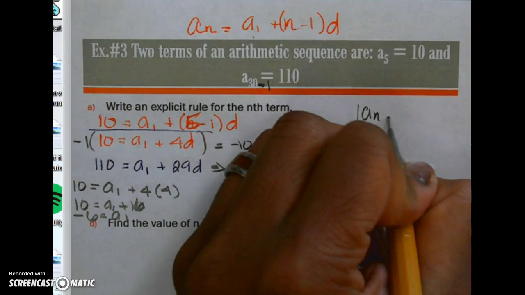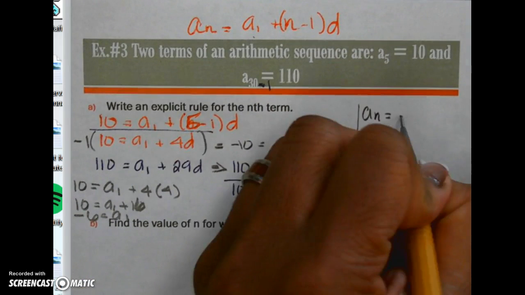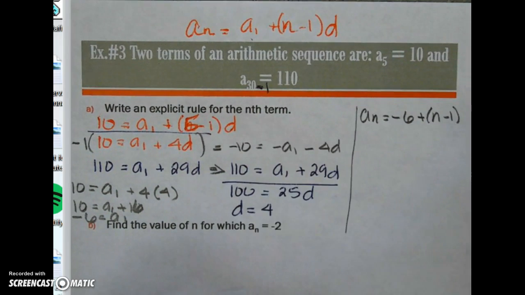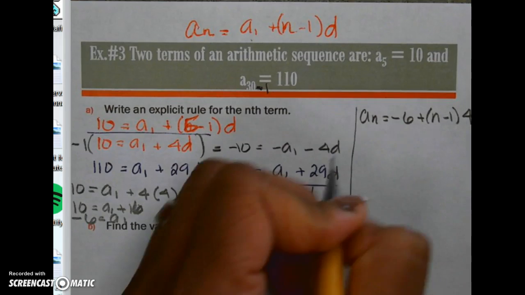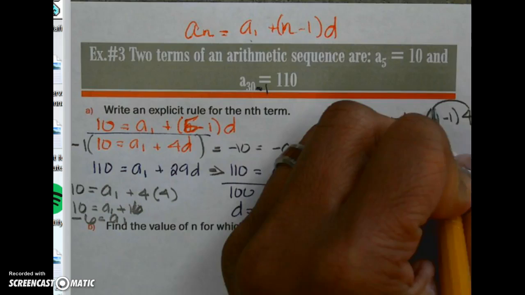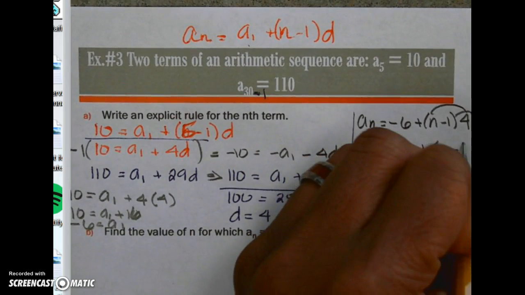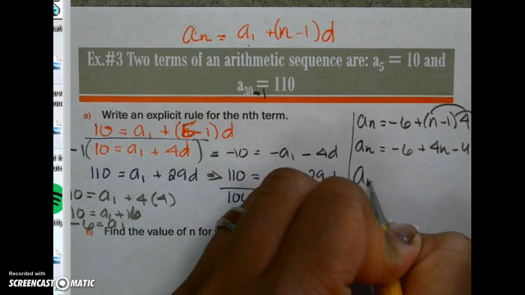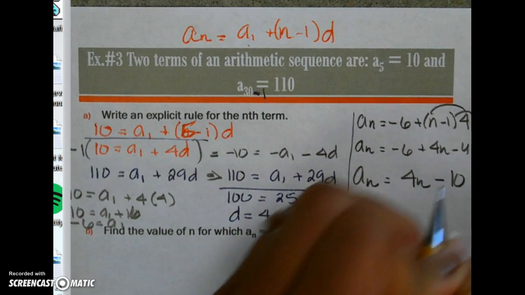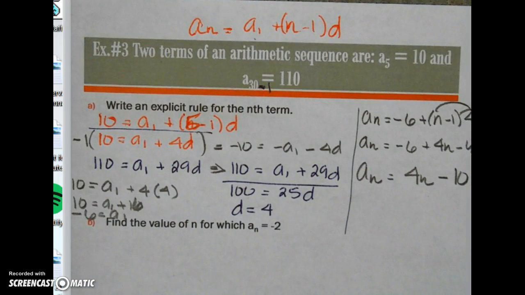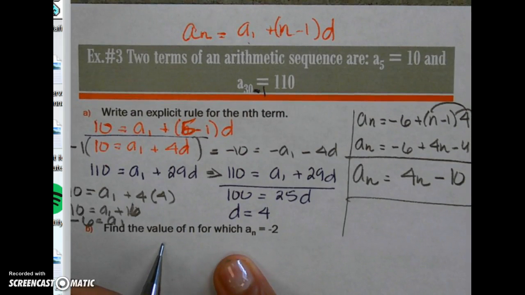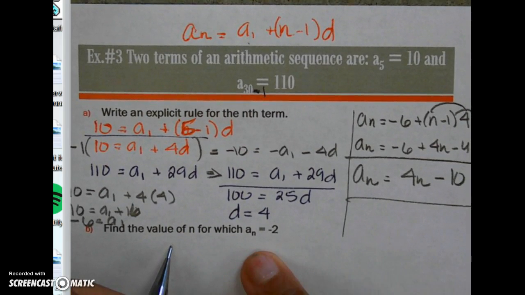So a sub n equals a sub 1, you said was negative 6, plus n minus 1 times d, which is 4. A sub n is equal to negative 6, distributing, plus 4n minus 4. A sub n is equal to 4n minus 10, or negative 10 plus 4n. That's my equation. Now, find the value of n for which a sub n equals negative 2.